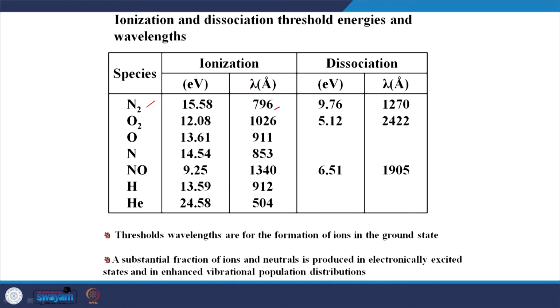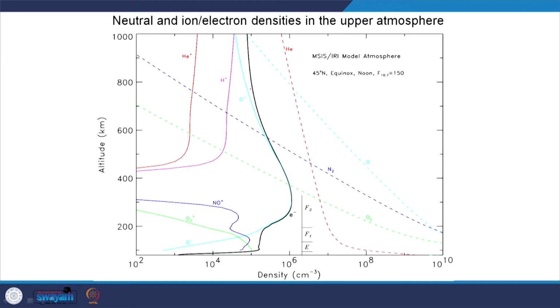So, the point is the solar radiation has the ability to produce electronically excited states and vibrationally populated distributions because of the interaction with highly energetic radiation. Right. If you look at a model output of electron densities and neutral densities, what you will be able to see, the familiar distribution for us so far, is the oxygen, nitrogen and oxygen molecule.